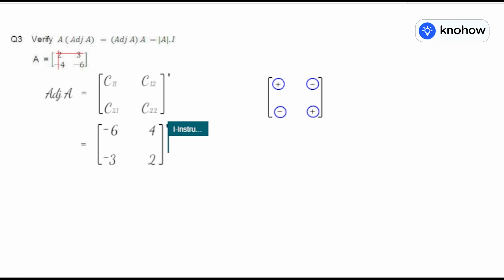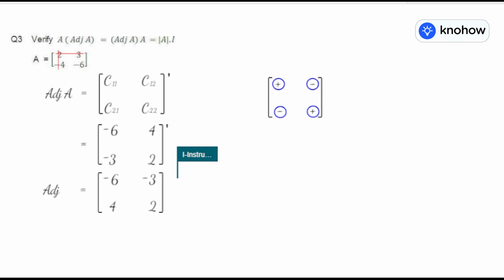So by taking the transpose, you get the elements of the first row, negative 6, 4, right in the first column, and that of the second row, minus 3, 2, right in the second column. So finally, the value of adjoint A comes negative 6, negative 3, 4, 2.